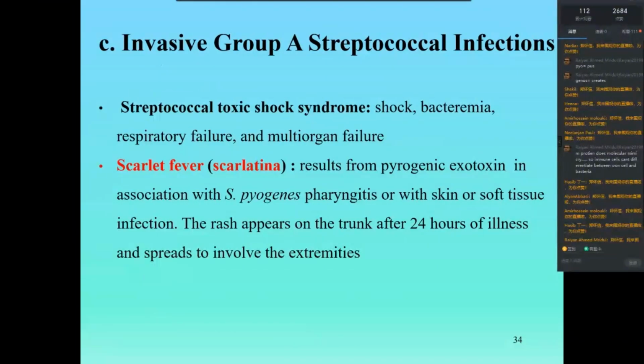For diagnosis, for laboratory tests, we can perform them according to the standard procedure. First, we collect specimens from either the throat, the pus, the blood, or the serum. We collect different types of specimens, and in different types of specimens, we can detect different components. For example, the smear.